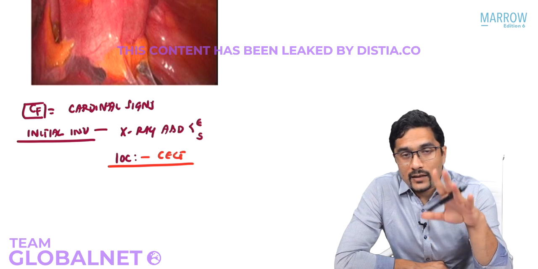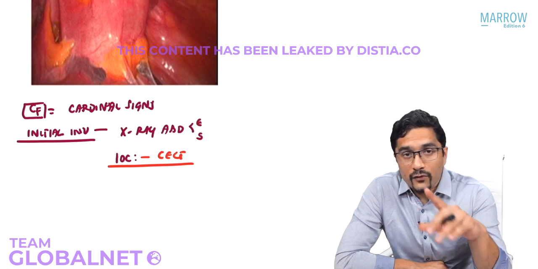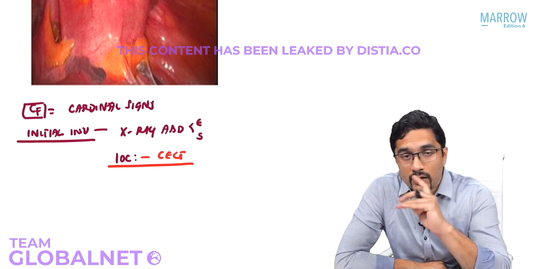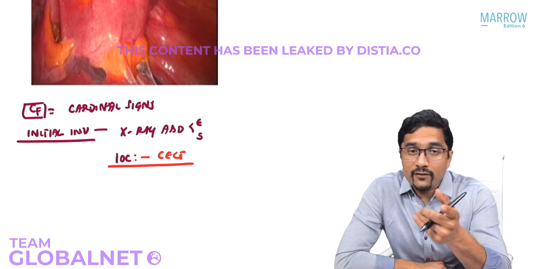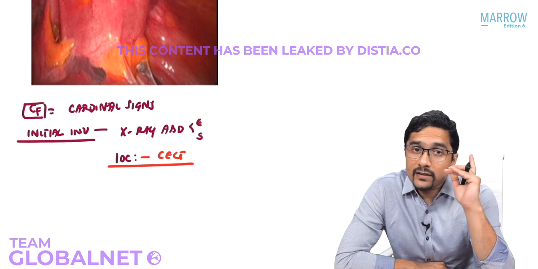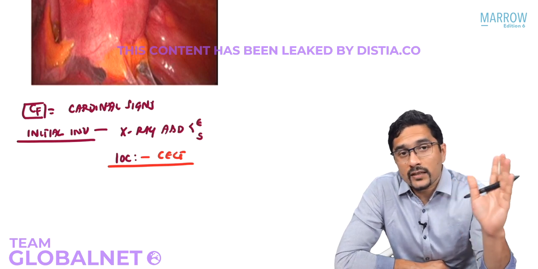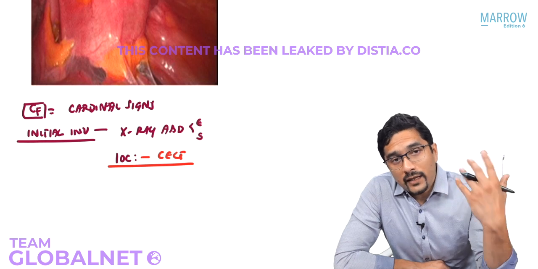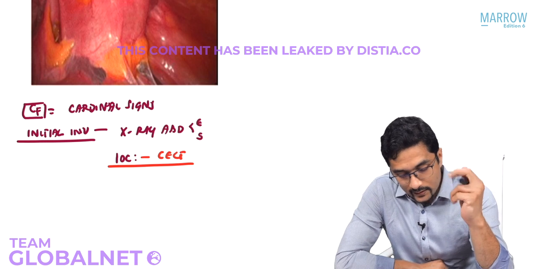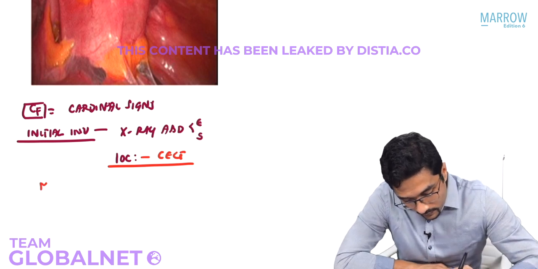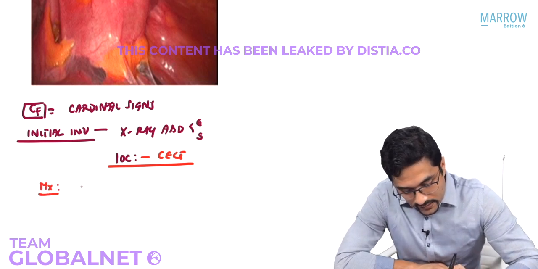Now my appendix was fine, it did not perforate. Her appendix perforated, so hers was a more complicated surgery, and post the surgery she developed adhesions, but they manifested after 2 years. She had an attack of subacute intestinal obstruction. So these adhesions can manifest many years after surgery also. That is another thing which you need to know. Now the management of these patients is the same.